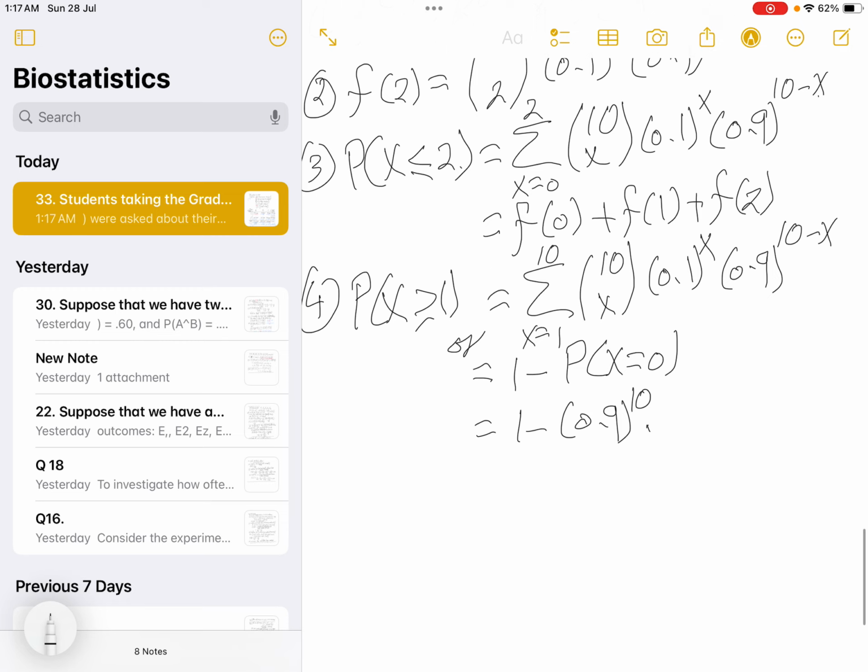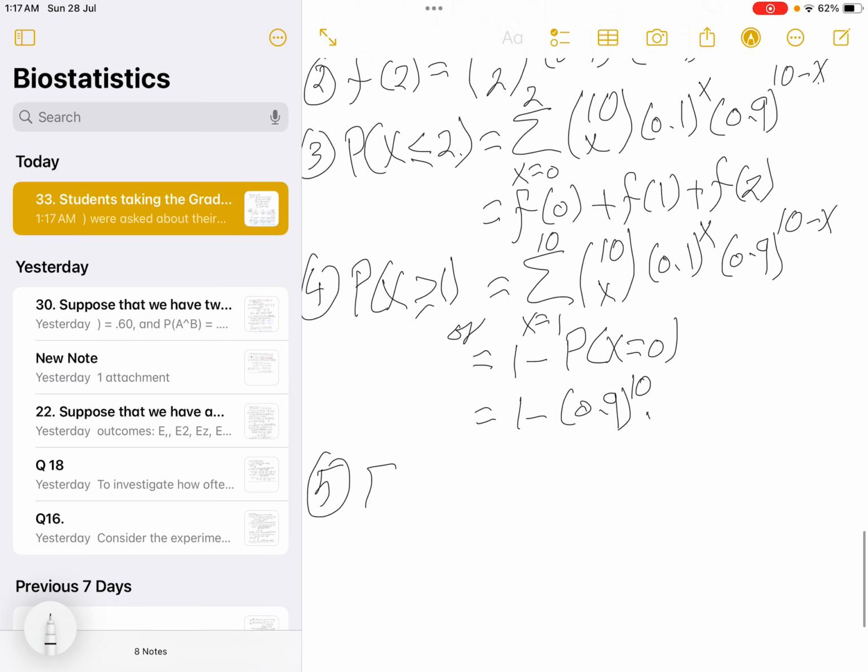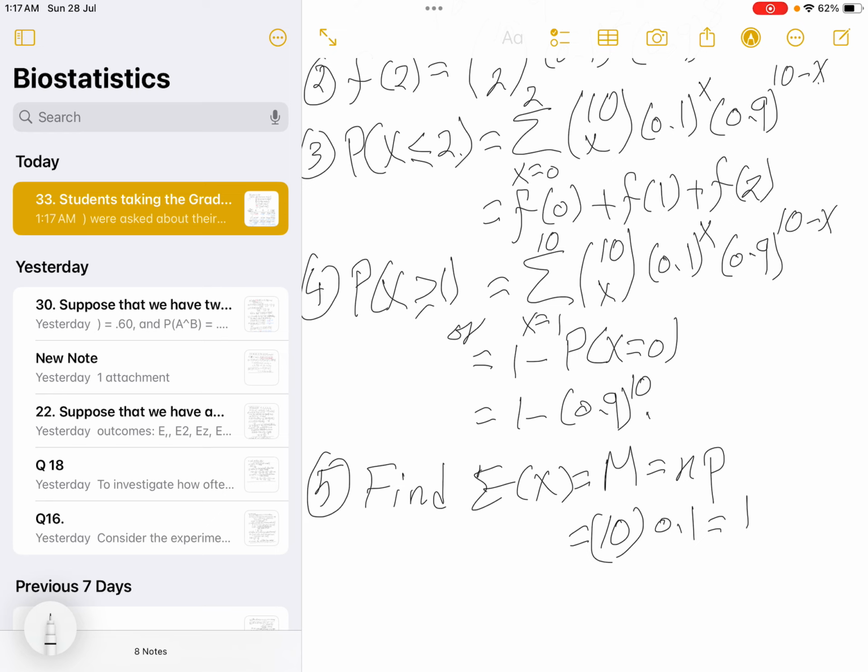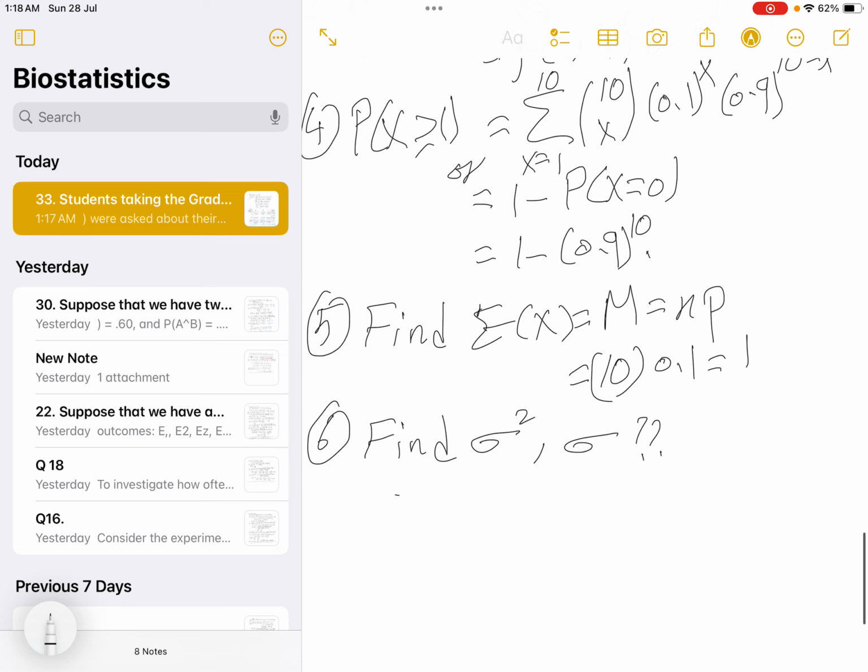Number 5, find the expectation of x, or mu, which is n times b. You must memorize it. n is 10, b is 0.1, which gives 1. Number 6, find sigma square and sigma. Sigma square equals n times b times 1 minus b.